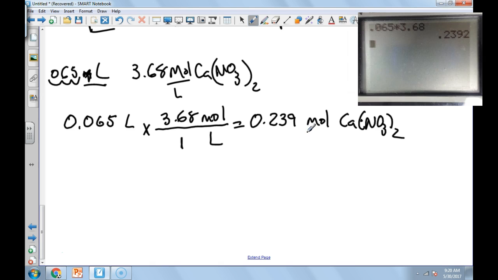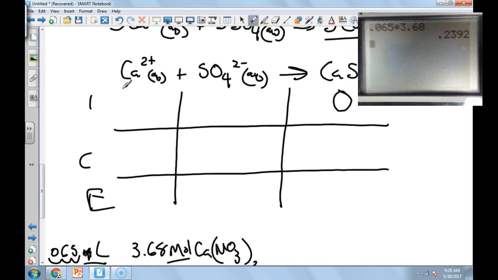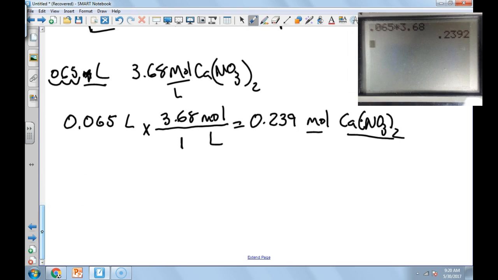Now notice here that this is moles of calcium nitrate. Our net ionic equation only calls for moles of calcium. So how do we go from moles of one thing to moles of another thing? Well, in this case we're going to use the formula to do that.